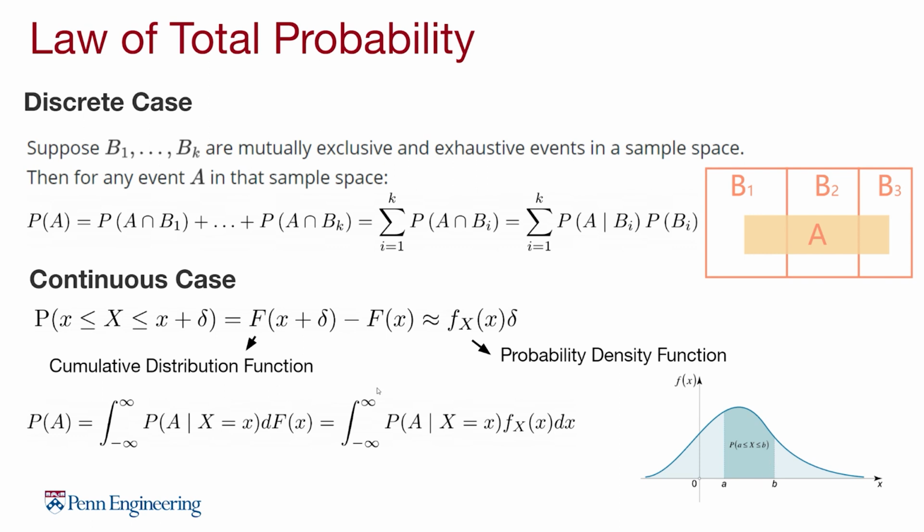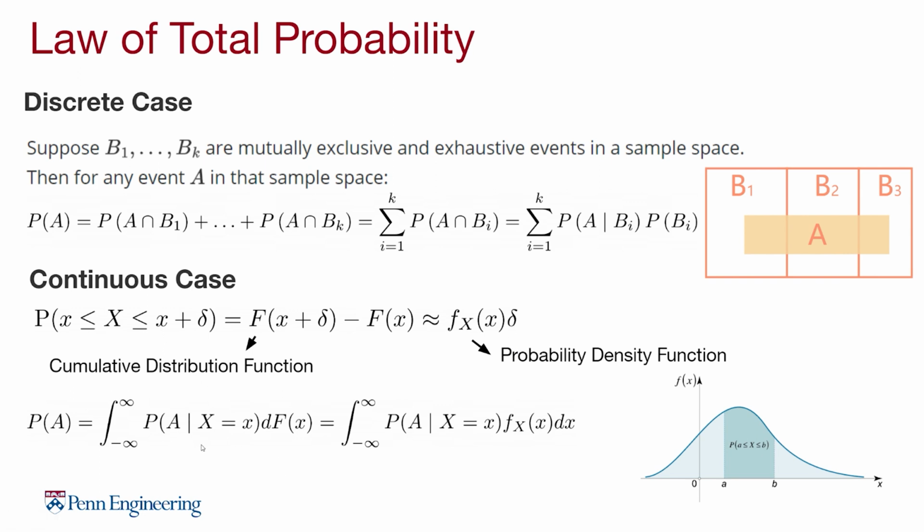So also from the calculus class, we know if the range is small enough, if we just have a tiny range, then we can estimate the probability of X falling into this tiny range by just multiplying the probability density function with the span of this range.